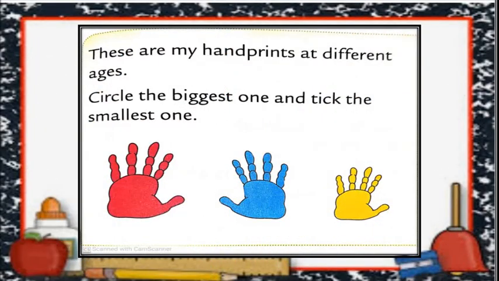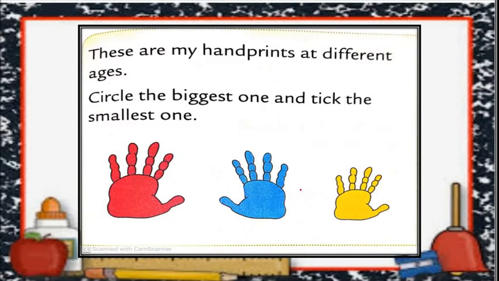These are my handprints at different ages. Circle the biggest one and tick the smallest one. You can see three different size handprints here.